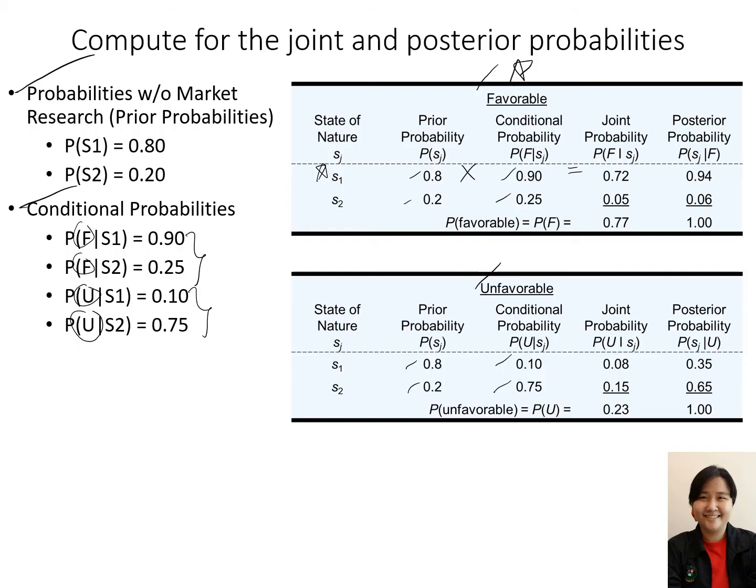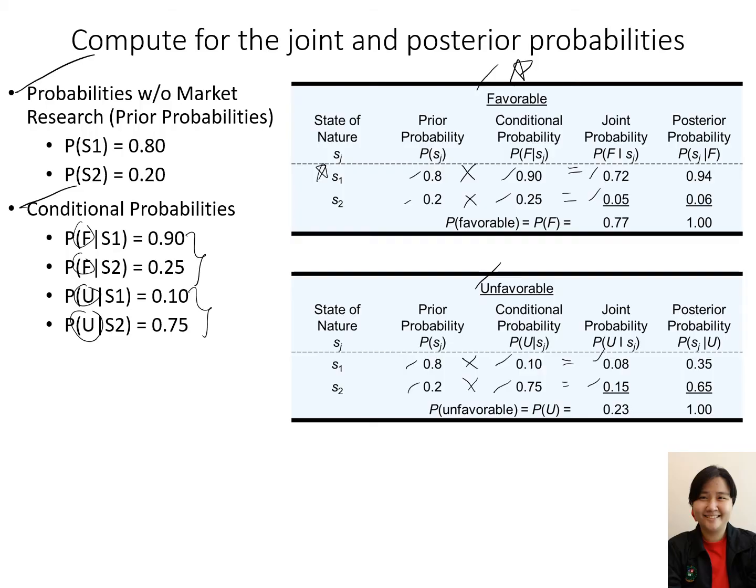For S2, 0.2 times 0.25, you will get 0.05. And then for unfavorable, 0.8 times 0.10 is equal to 0.08, and 0.2 times 0.75 is equal to 0.15. So 0.72, 0.05, 0.08, and 0.15 are our joint probabilities.